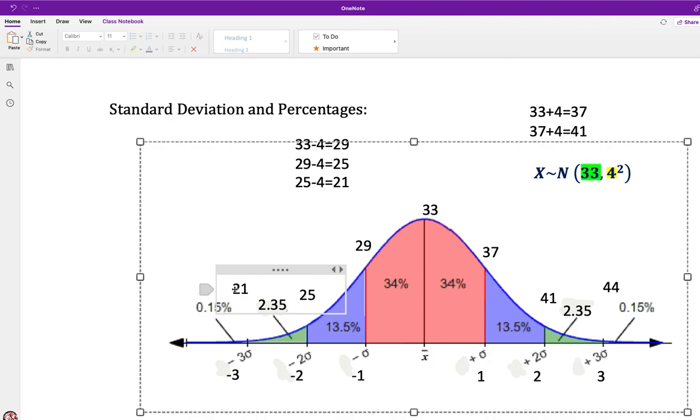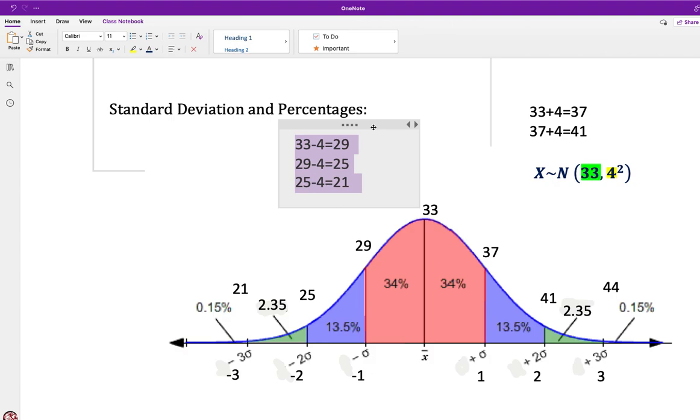So those are the numbers that line up. Hypothetically, this lines up with -3, -2, -1. 33 is right in the middle because that's my mean. Then 37, 41, and 45. So why is this important? Well, let's say this is marks on a test.